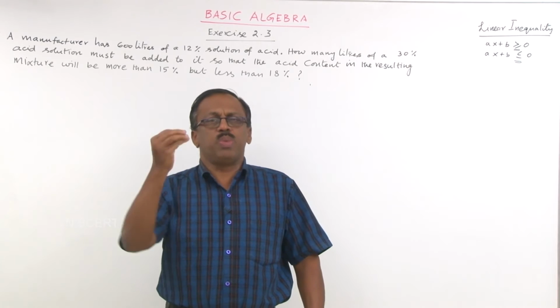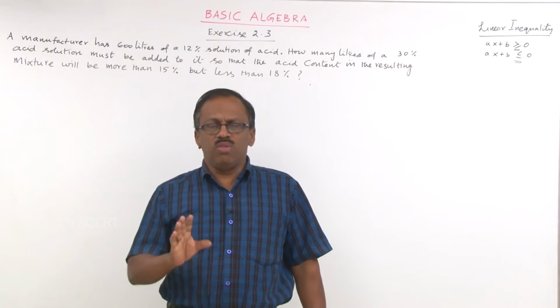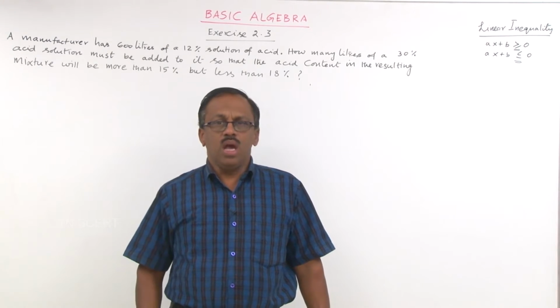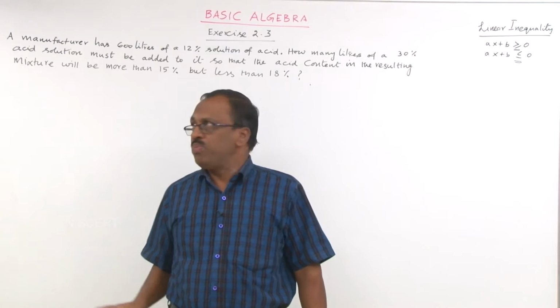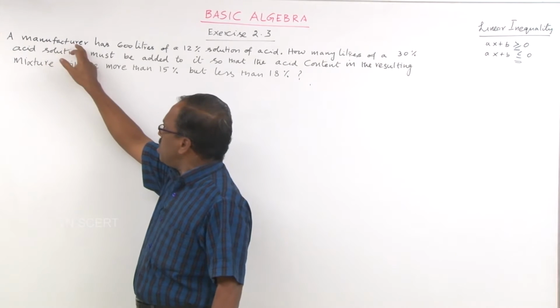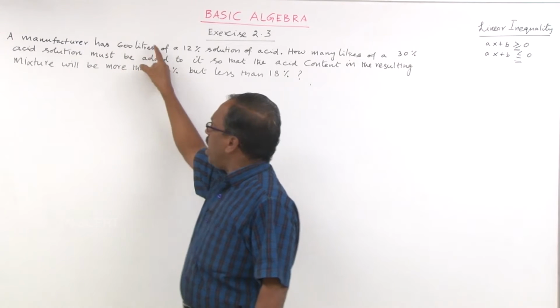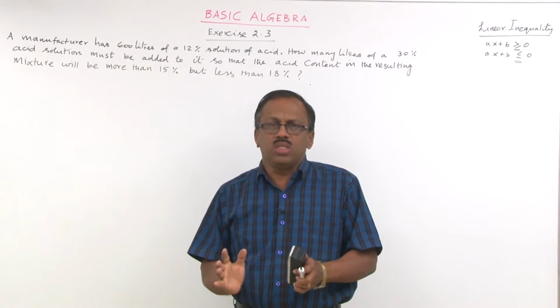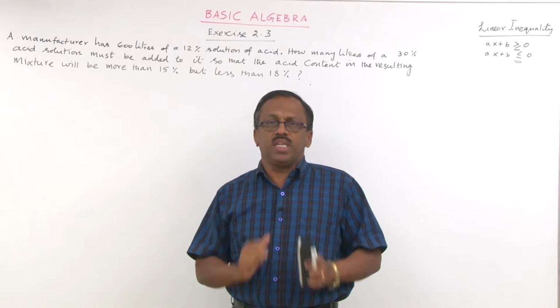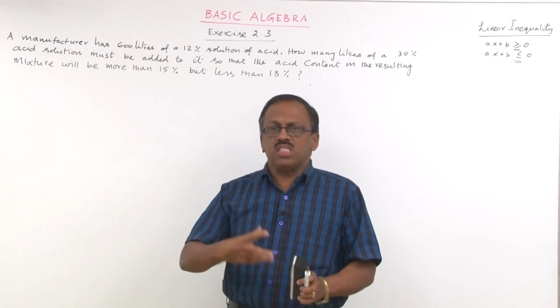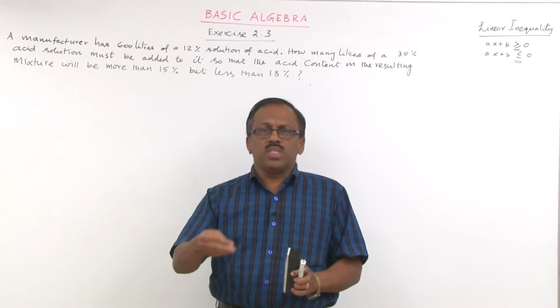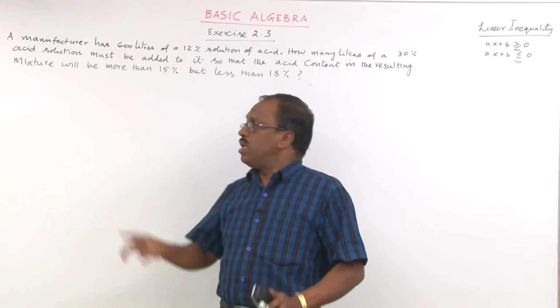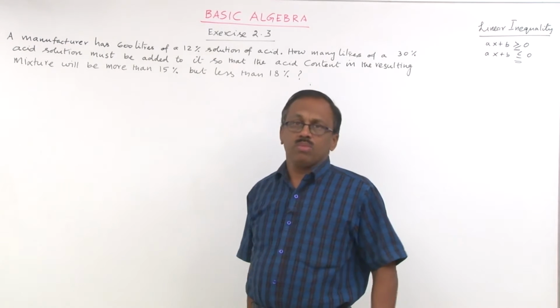So, a chemist is preparing some solution, for which he is doing some process, and that process is given here. The chemist or manufacturer has 600 liters, and among the 600, 12% acid solution is contained. That is what is given here.